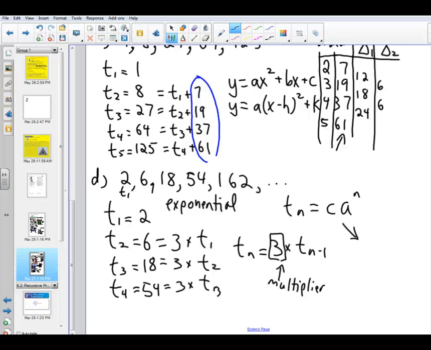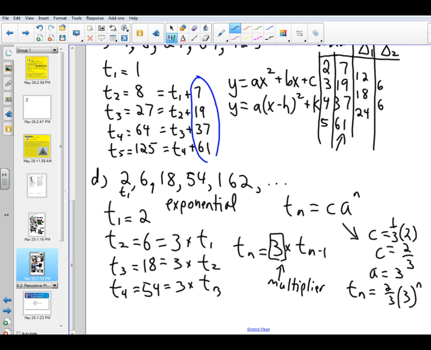A third of 2, of course, is 2/3. So that means that we've identified the common factor c in our explicit formula. The base, of course, is the common ratio, which is 3, and that means that explicitly this sequence is modeled as the nth term equals 2/3 times 3 to the n.